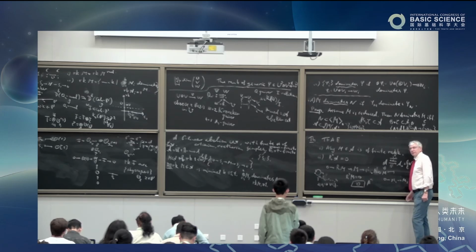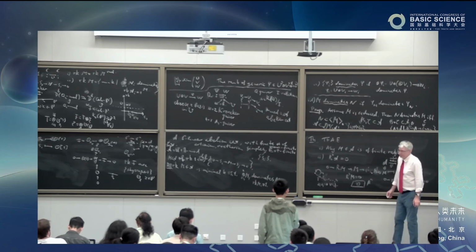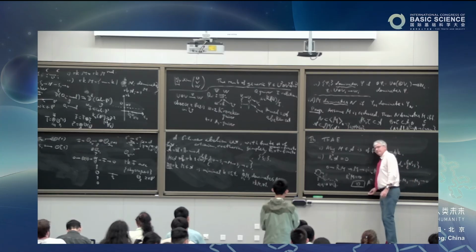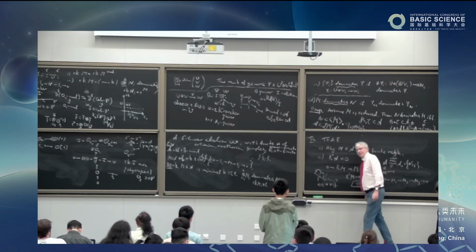It's something very similar to what happens with the intermediate extensions for perverse sheaves. But I didn't make this connection explicit so far. So I think it's about perverse sheaves somehow.